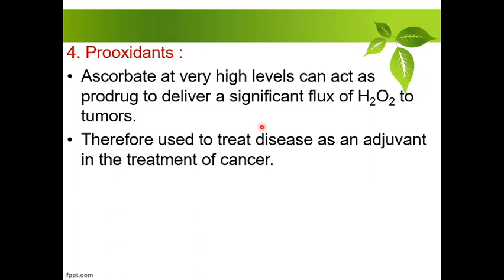Pro-oxidant, I have talked so much about pro-oxidant with you. Ascorbate at a very high level can act as a pro-drug to deliver a significant flux of hydrogen peroxide to tumors, and therefore it is used to treat tumor, cancer, as an adjuvant to the chemotherapy.